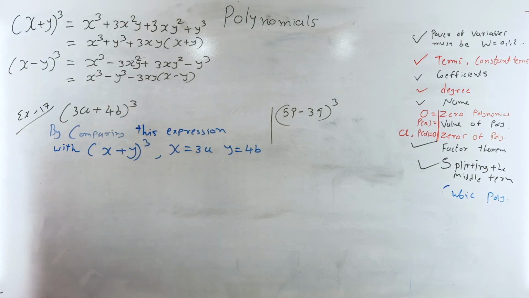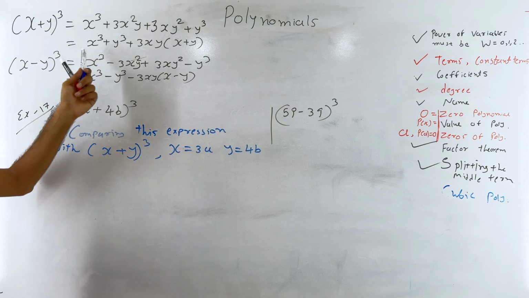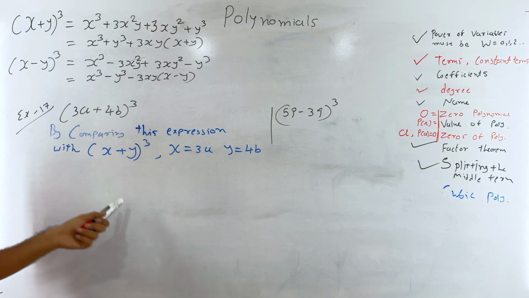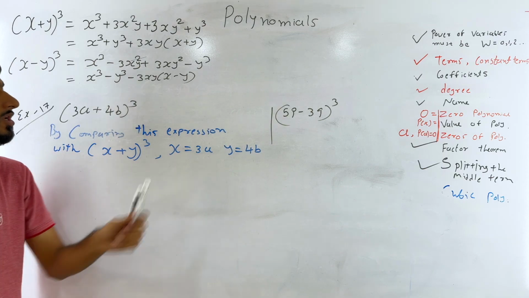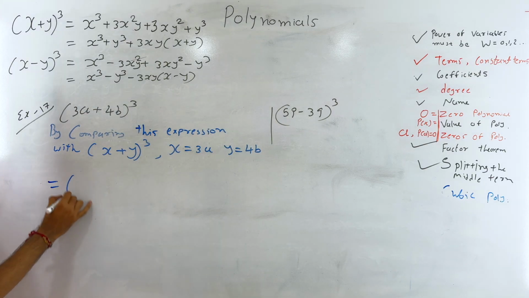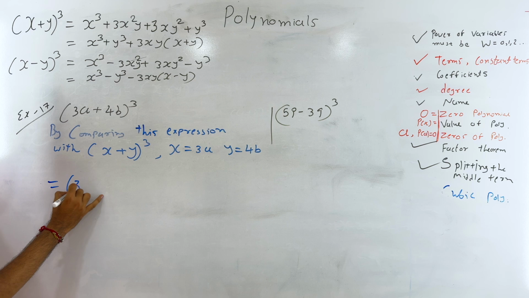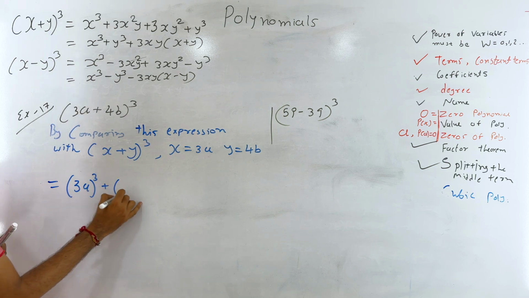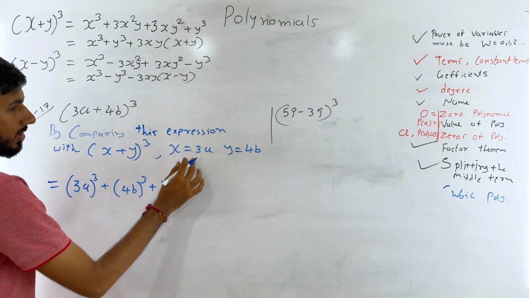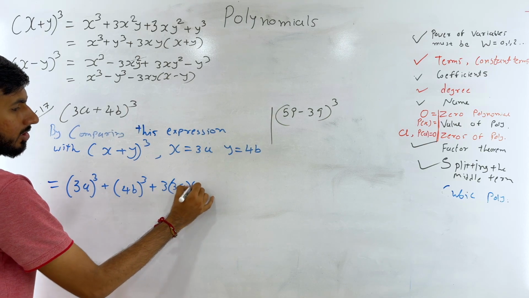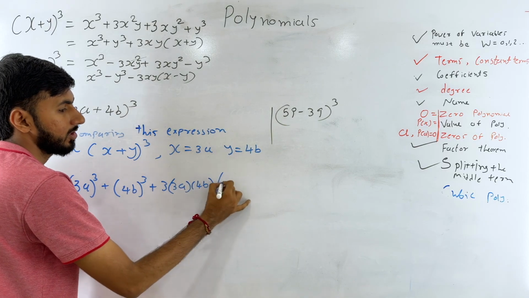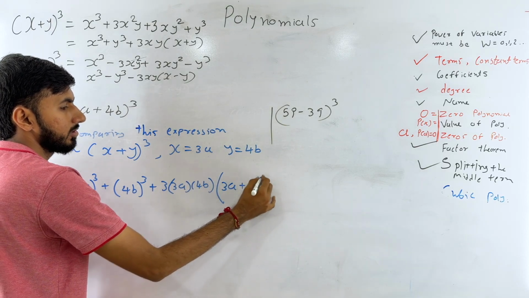Now by using identity (x plus y) cube equal to x cube plus y cube plus 3xy in bracket x plus y, my answer will be x cube, that is (3a) cube, plus y cube, that is (4b) cube, plus 3 in bracket xy, that is 3a multiply 4b. In the other bracket I would write x plus y, that is 3a plus 4b. This will be my answer.